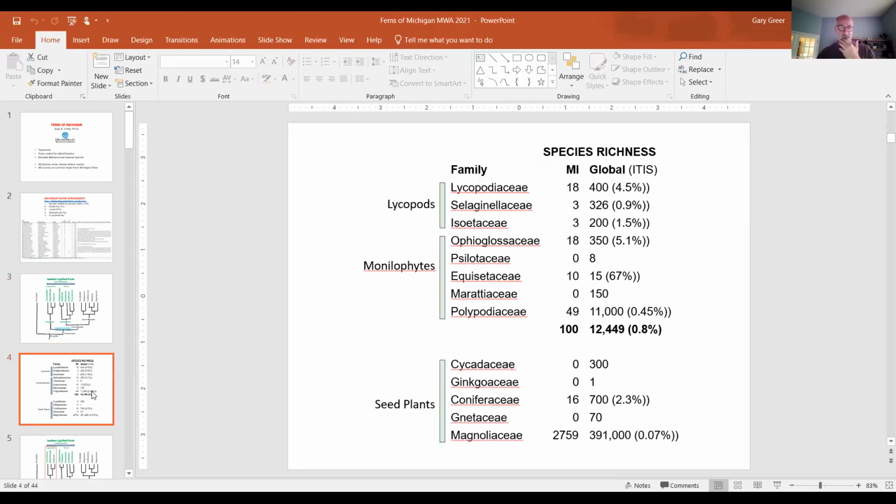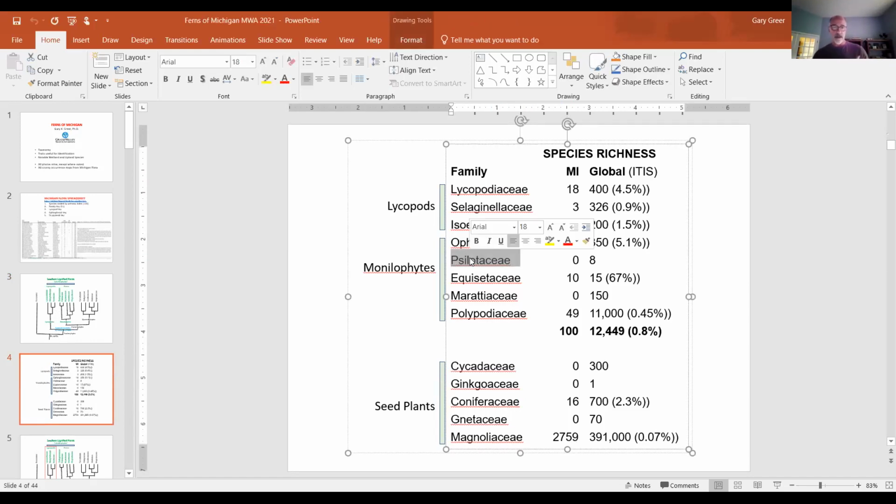And then I think a bit of context about how Michigan ranks with the rest of the world in terms of the diversity of these types of plants. I suppose the two or three punchlines here. Within these pteridophytes, these seedless vascular plants, the Marattiaceae do not occur at all in Michigan.